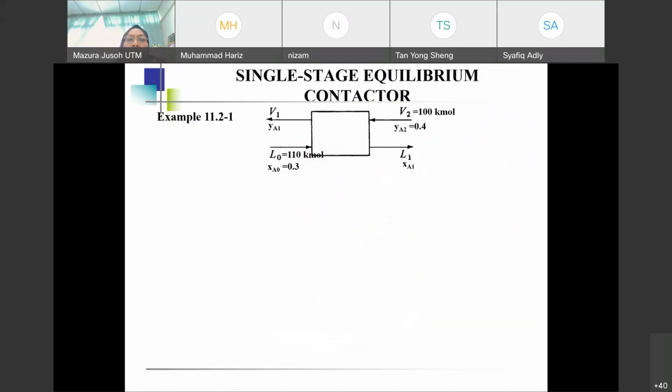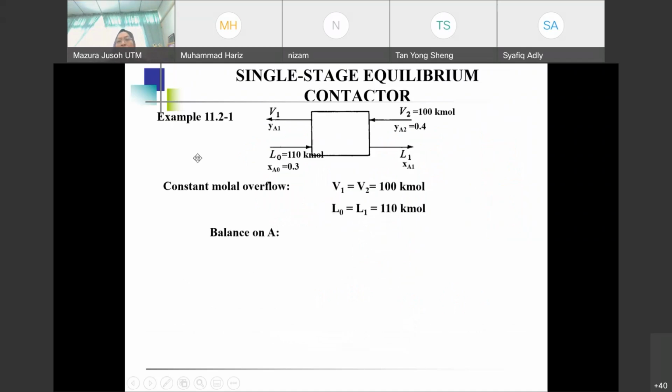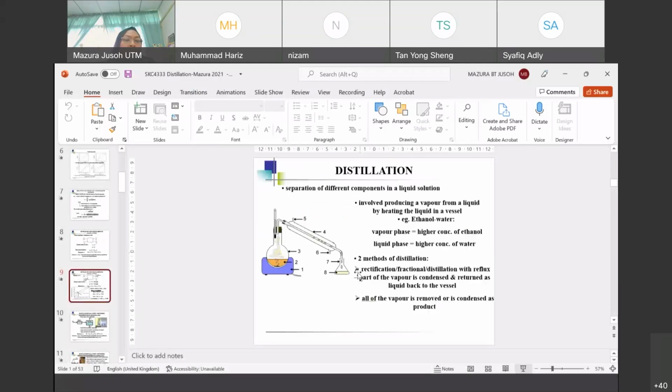Okay, we will do example 11.21 together. So quickly, are you ready with your graph paper? My book is at home. Are you ready with your graph paper?